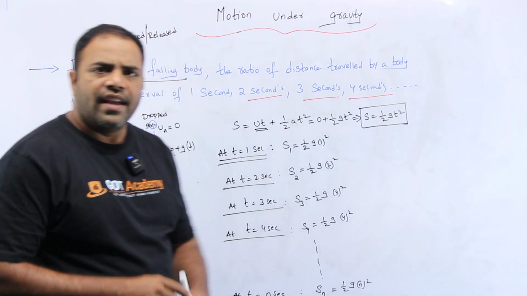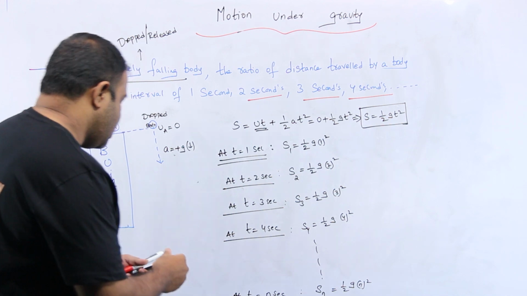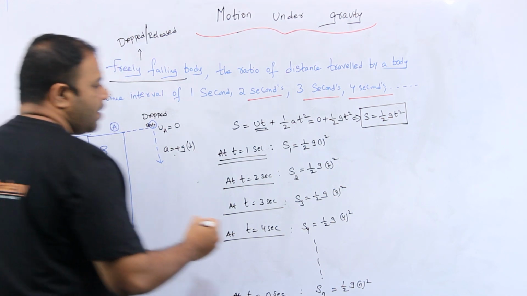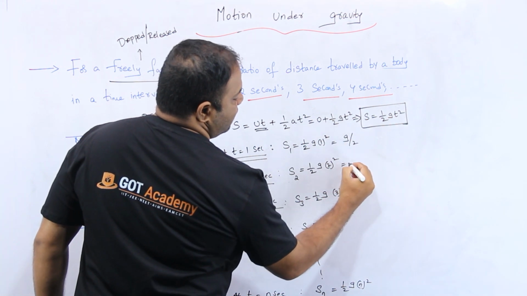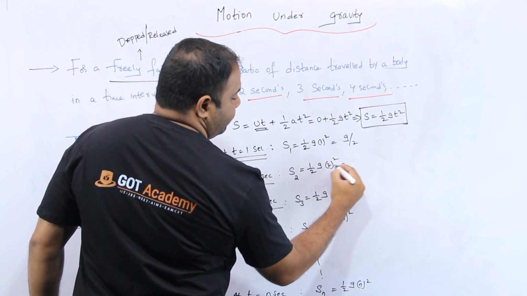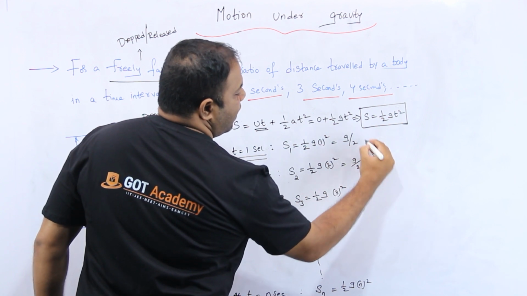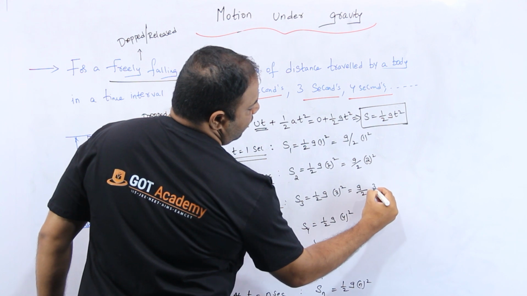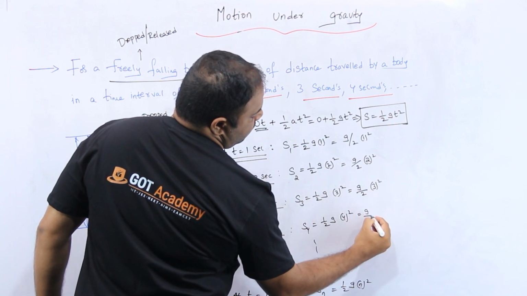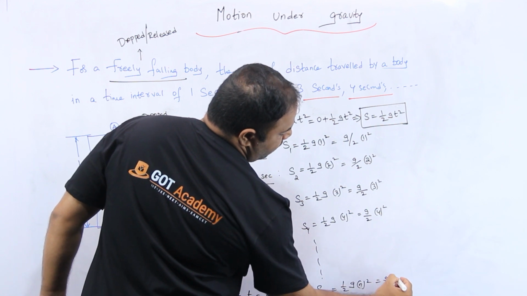Okay, my dear children. Now, I have to take the ratio of all these things. This is what is my interest. So, g into 1 square is g by 2, this is g by 2 into 2 square, this is g by 2 into 1 square, this is g by 2 into 3 square, this is g by 2 into 4 square, whereas this is g by 2 into n square.